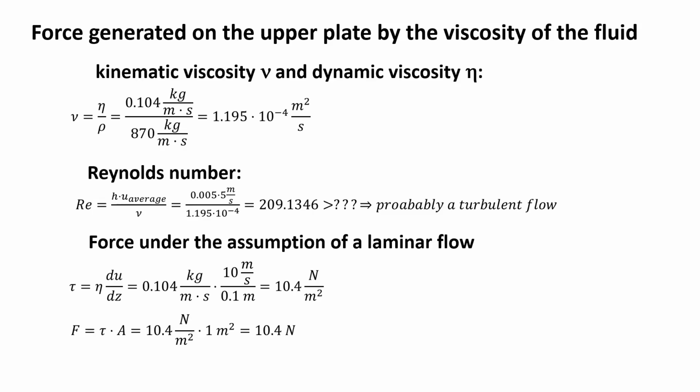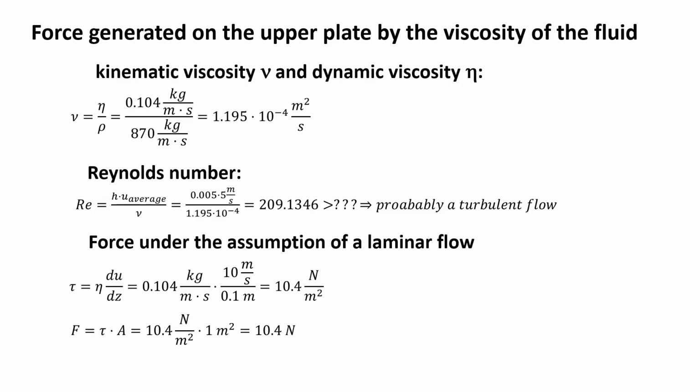First, we need the kinematic viscosity and the dynamic viscosity. The kinematic viscosity is given with 0.104. If we multiply this by the density of the fluid, we get the dynamic viscosity.